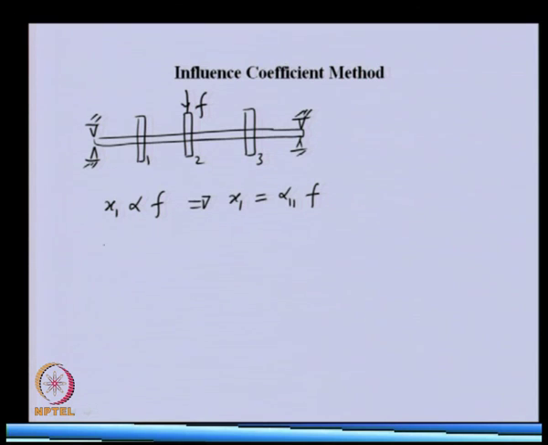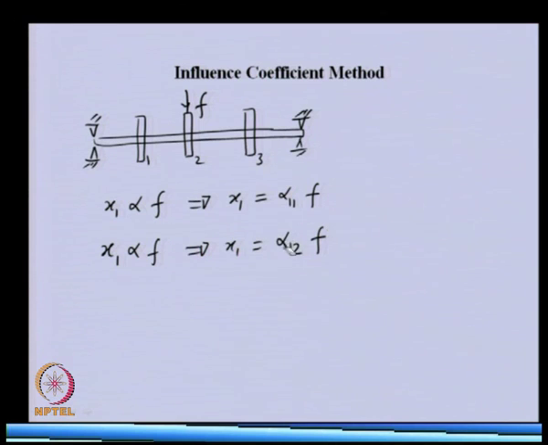For this case, again, if we want to see the displacement at the same first disc location because of this force, that will be proportional to the force. If we increase the force, the displacement we expect will vary linearly with that. And removing this proportionality, we will get another constant, and that constant I am representing as alpha 12 into f.